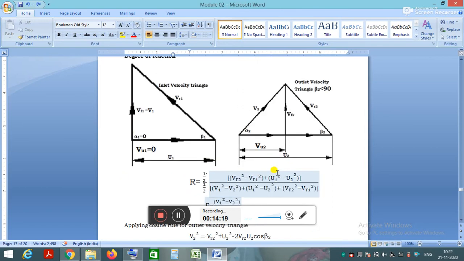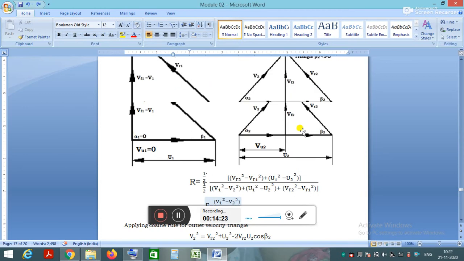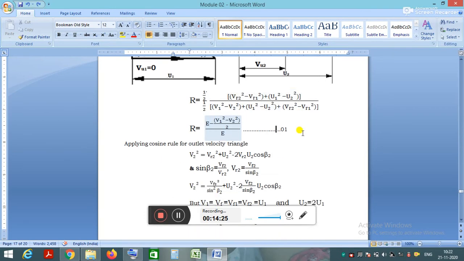But applying the cosine rule to the outlet velocity triangle, we can write V2 square equals VR2 square plus U2 square minus 2 VR2 U2 into cos beta 2.